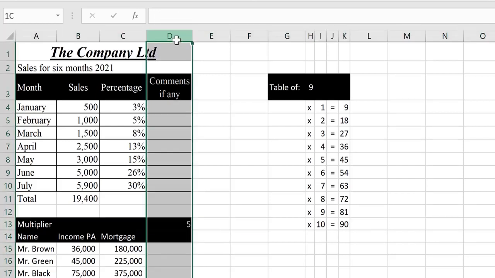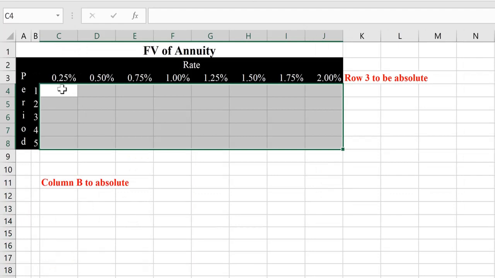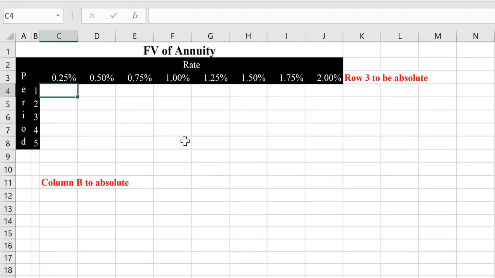In order to illustrate a single row or single column absolute, let's move on to our next example. In this example we are going to find the future value of an annuity on the basis of some interest rates, for year 1 up to year 5.